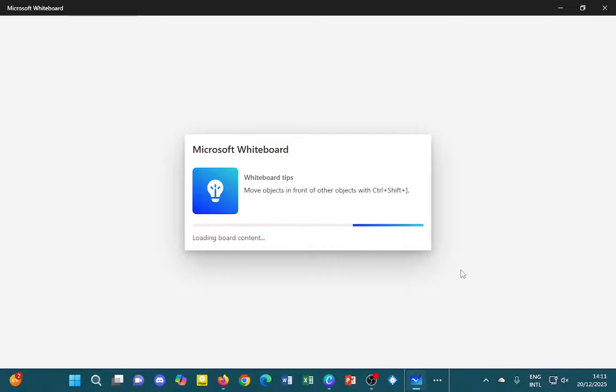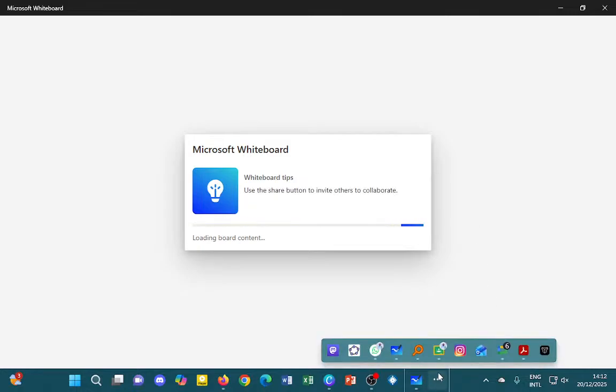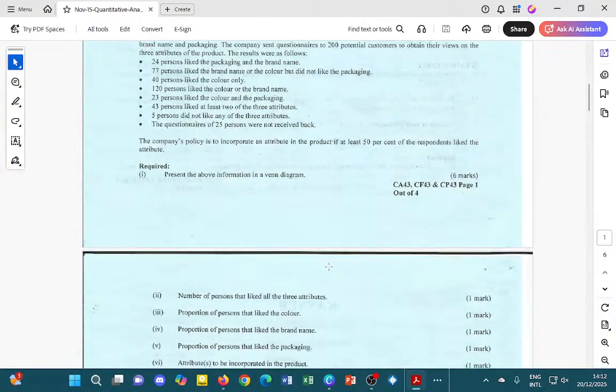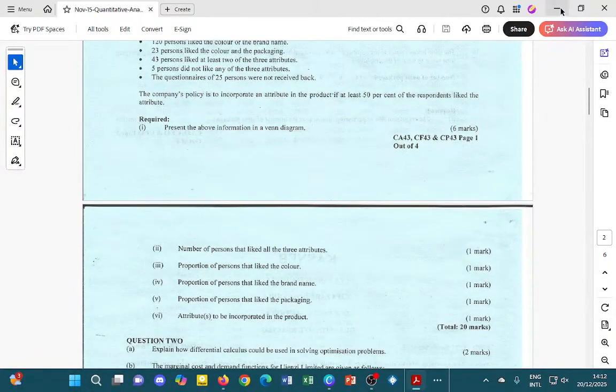Well, it's taken long to load. As we wait for it to load, we can look at the question and try to make some meaning out of the question.